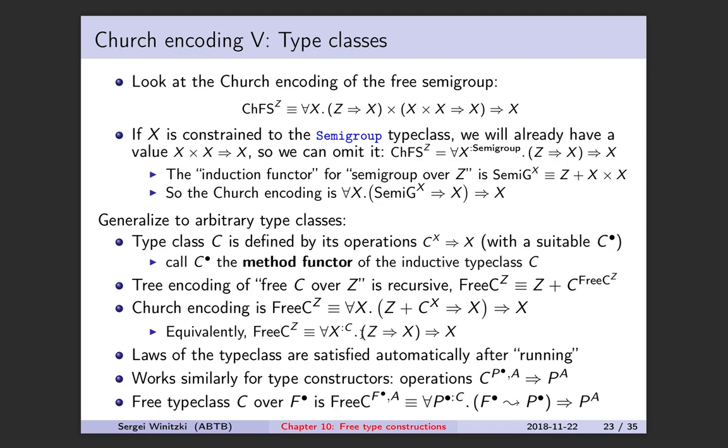Now, quite equivalently, we could say the church encoding is like this. It's for every x of the type class C, in other words, for which we have this value, we have this. It is then obvious that also the laws of the type class will be automatically satisfied by the church encoding after running this value.